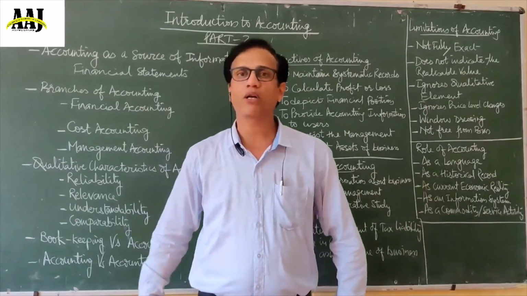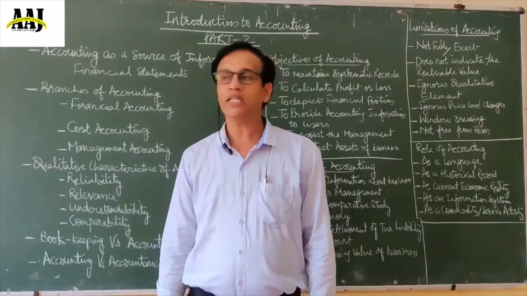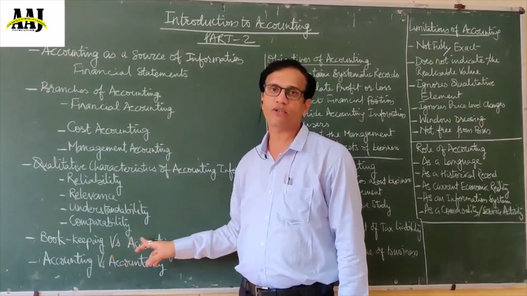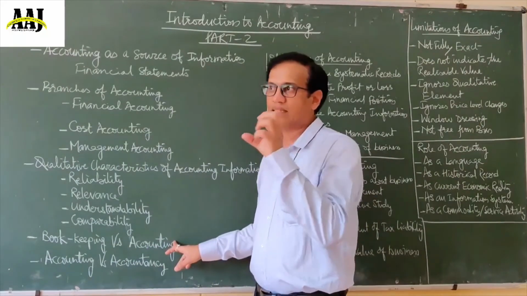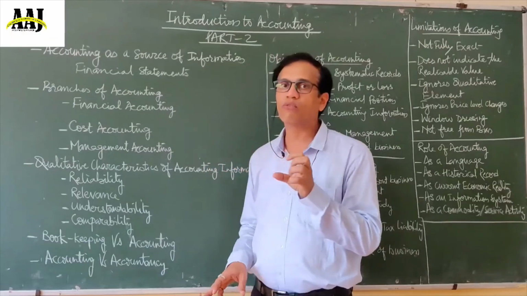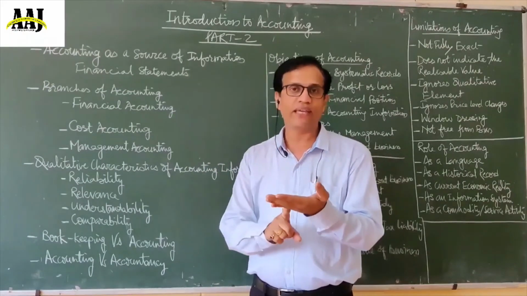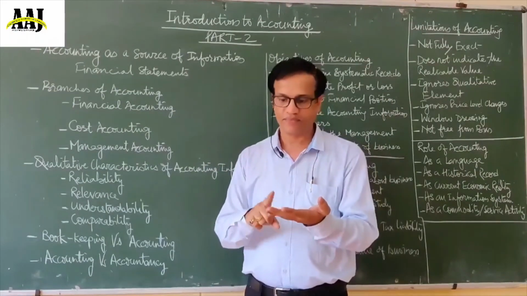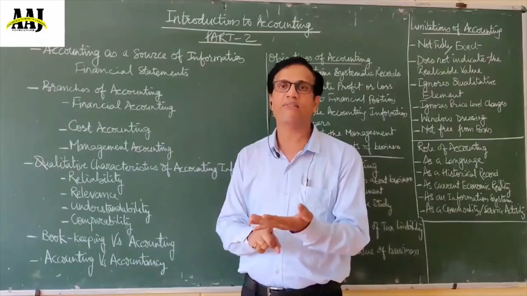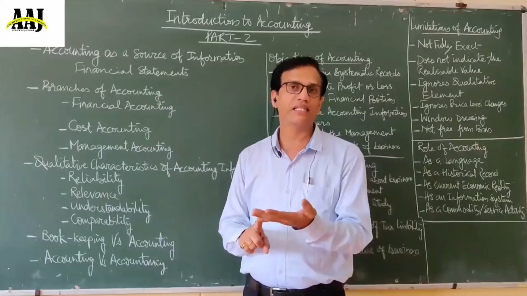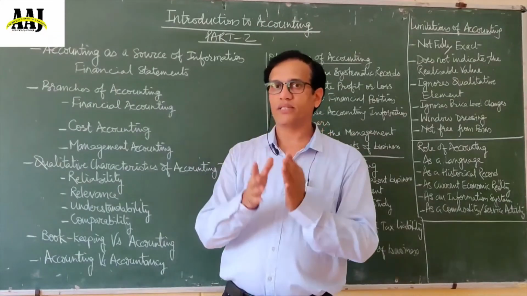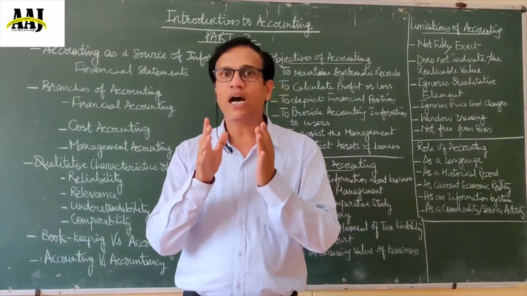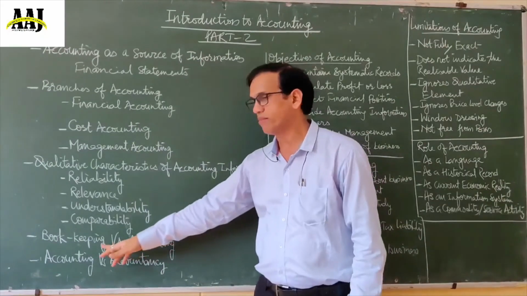Bookkeeping actually is the part of accounting only, which is the primary stage of this wider term. The initial stage of accounting, that is identifying, measuring, recording and classifying. These are the initial stages in accounting which are done on regular basis. So these are the part of bookkeeping.